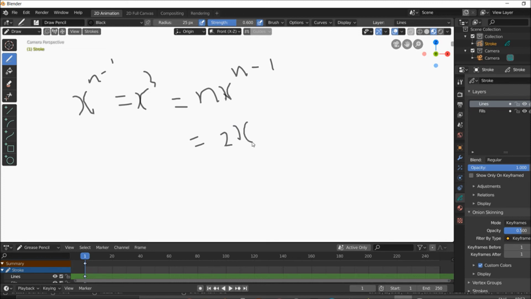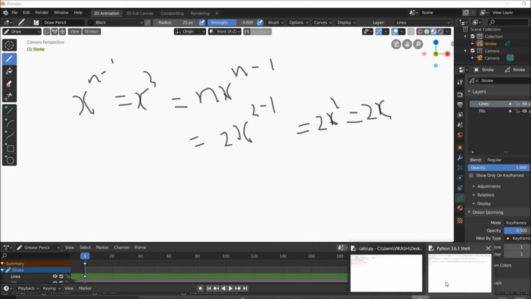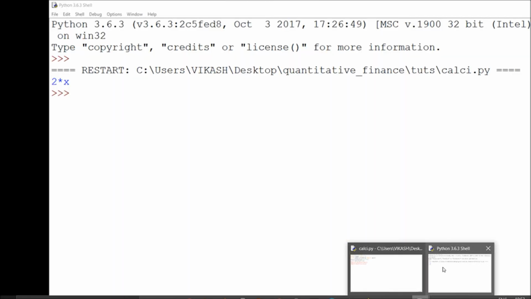So 2x to the power 2 minus 1, which is 2x to the power 1, which is the same as 2x. So that's how we go for this particular plot.